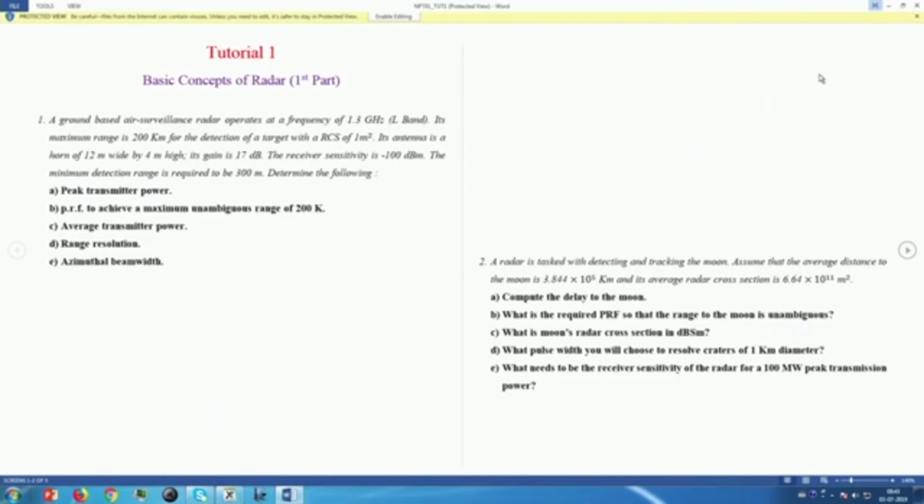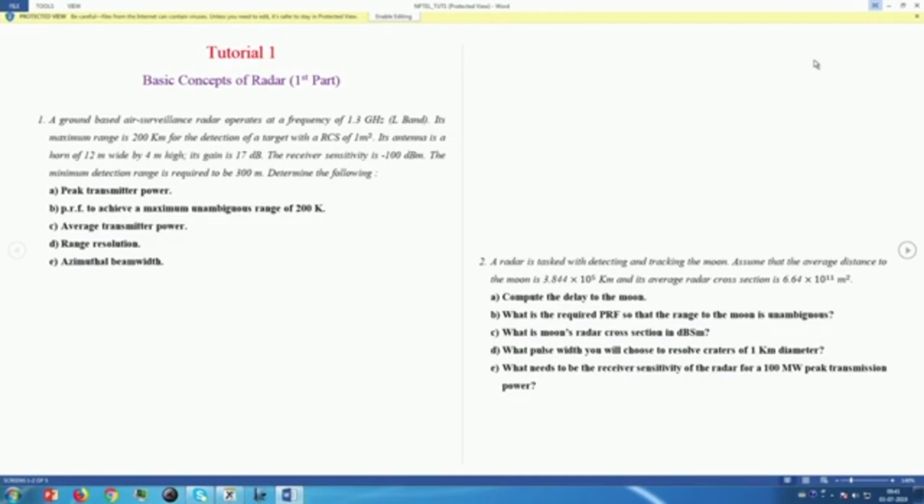The first problem for this tutorial is this: a ground based air surveillance radar operates at a frequency of 1.3 gigahertz. 1.3 gigahertz means radar people call it L band. Its maximum range is 200 kilometer for the detection of a target with a RCS of 1 meter square. Its antenna is a horn of 12 meter wide by 4 meter high. Its gain is 17 dB.